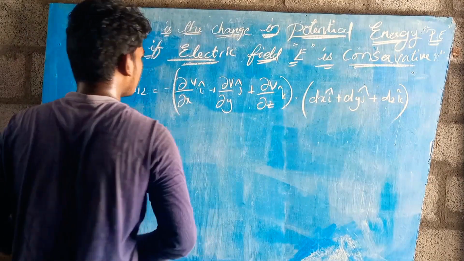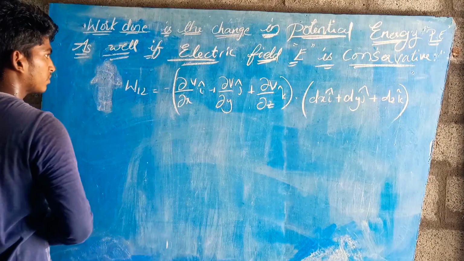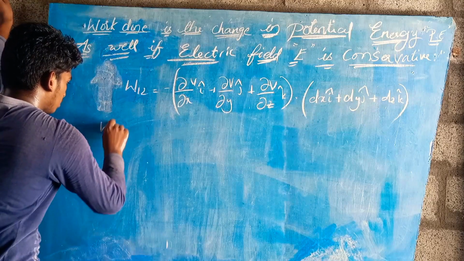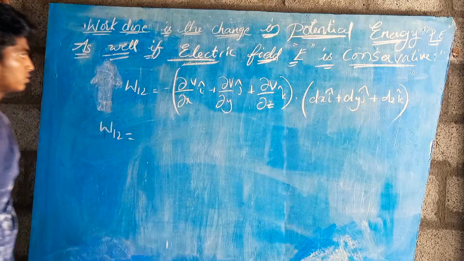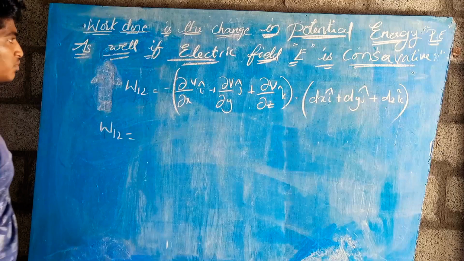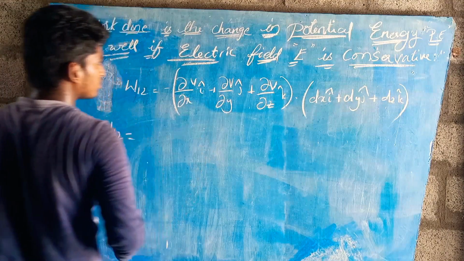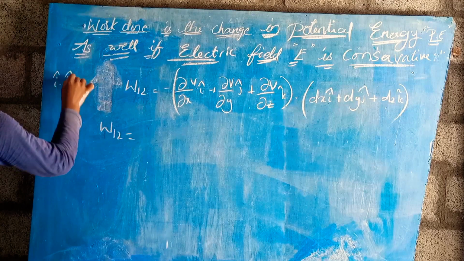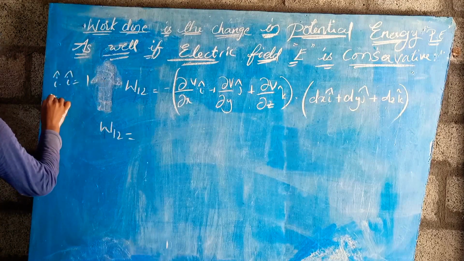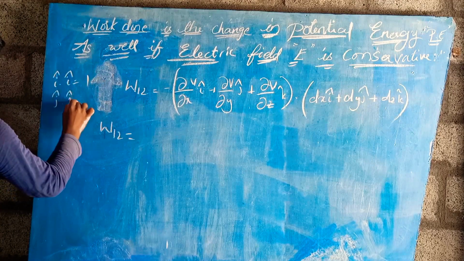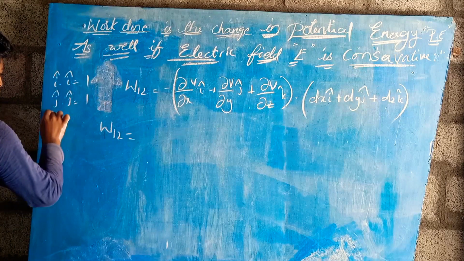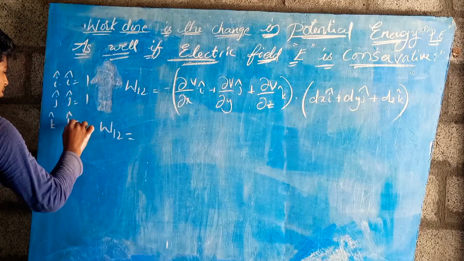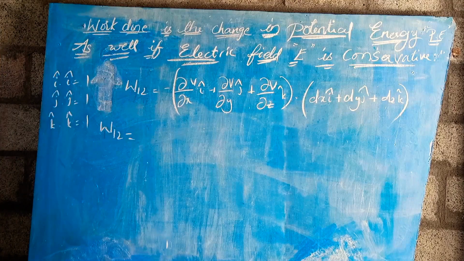From this equation we get W12 is equal to, as we all know, the dot product of the same unit vectors is 1. i cap into i cap is equal to 1, j cap into j cap is equal to 1, k cap into k cap is equal to 1.